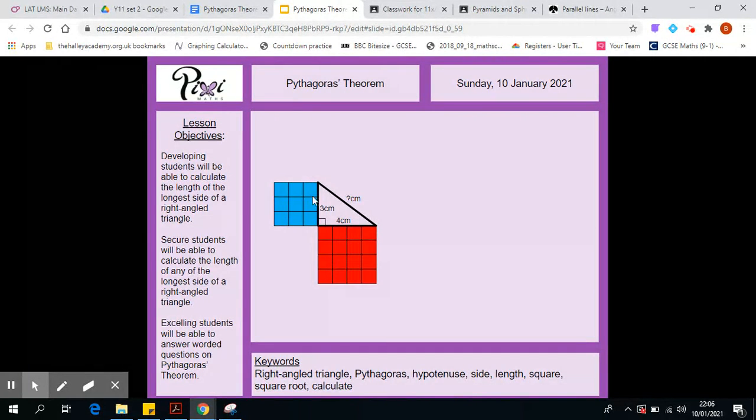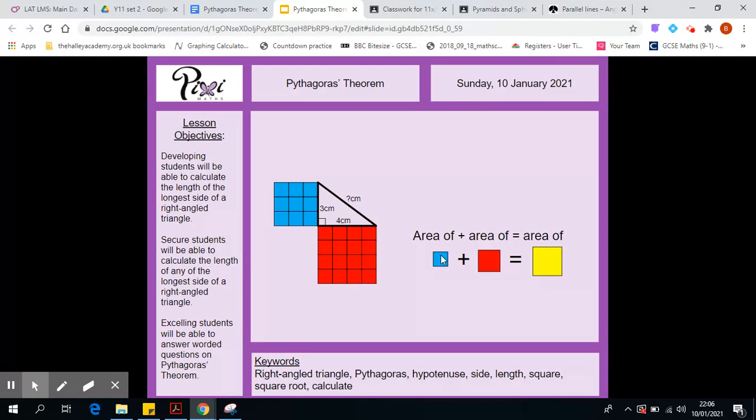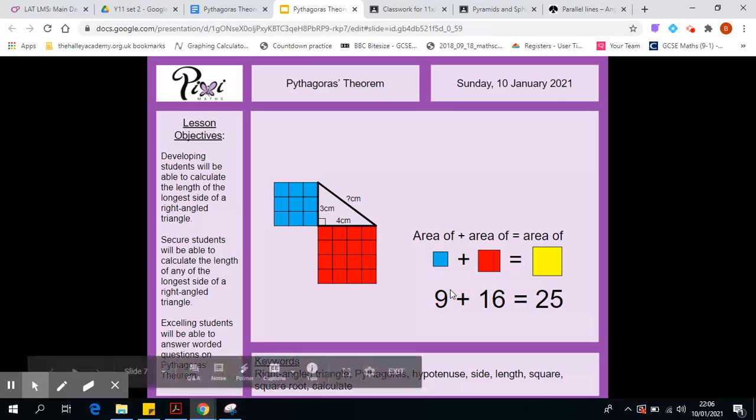Now the square of the sides. Imagine we are drawing squares based on the length of each side. 3 squared, as you can count and check, gives us 9. 4 squared is 16. The sum of the areas of the squares, the blue and the red, would be equal to the yellow. The area of the blue square is 9.